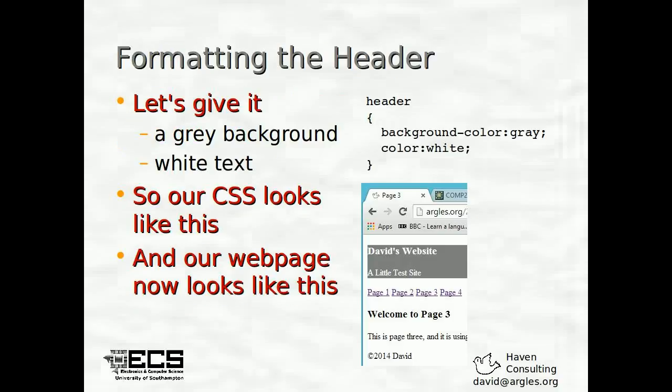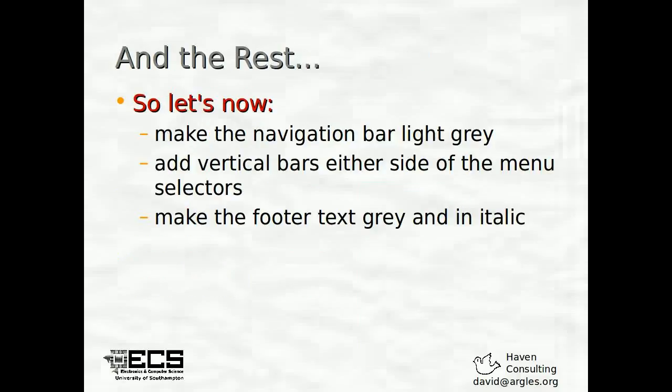We'll start by prettifying the header. We'll give the header a grey background with white text, as we've got here on this slide, and that means that our CSS will now change our web page to look like this example here. Now we've got that done, let's make the navigation bar light grey to contrast with the darker grey of the header. We'll add vertical bars either side of the menu selectors. That's an awful decision.